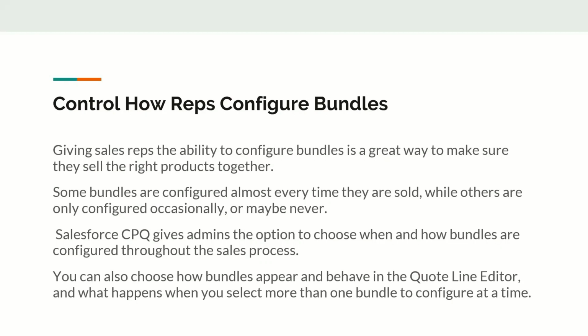First of all, how do we control how reps configure product bundles? Giving sales reps the ability to configure bundles is a great way to make sure they sell the right products together. They might have a requirement from the end user, like, this is the type of product we require with this type of product.